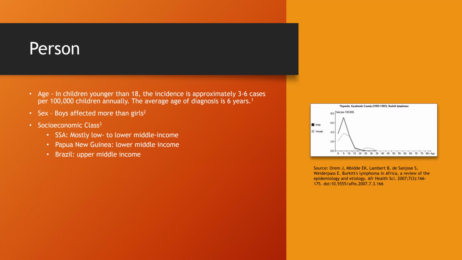Papua New Guinea is a lower middle income country, and Brazil is an upper middle income country. This is interesting to note that we are seeing most cases of endemic Burkitt lymphoma occurring in children in low to middle income countries, no high income countries here. That's not to say it doesn't happen there, but it's more frequently happening in these areas.